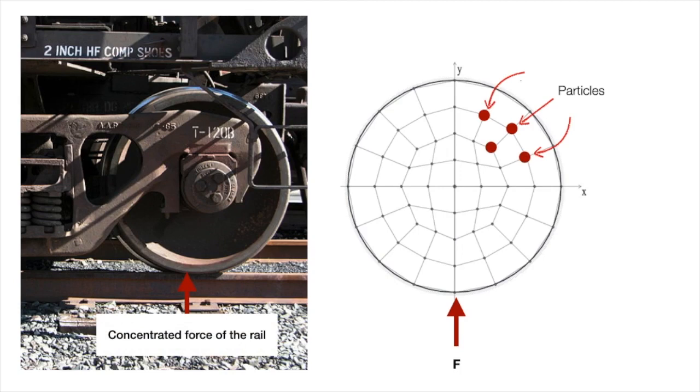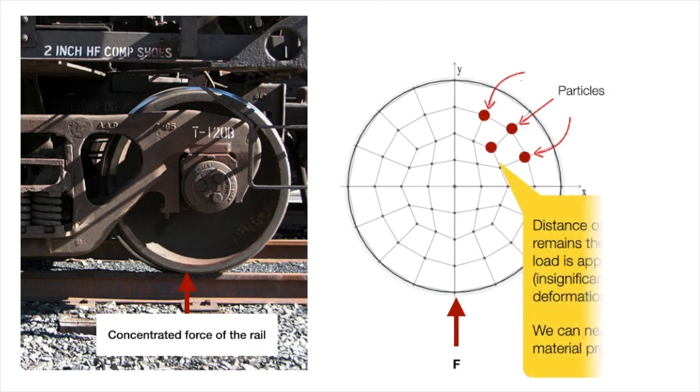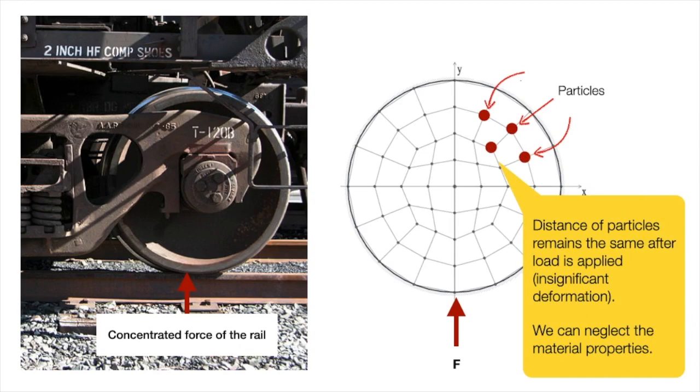So we assume the wheel as a rigid element because we assume that even after the load is applied, all the positions of the particles remain the same because it's a rigid material. Rigid meaning hard. So we neglect the phenomenon of deformation in our calculation. Therefore, the material properties in this case can be neglected.